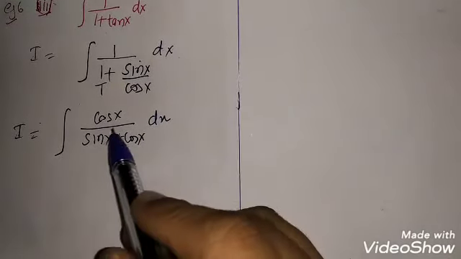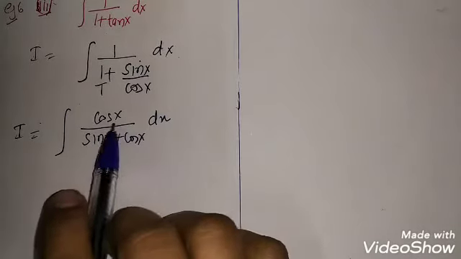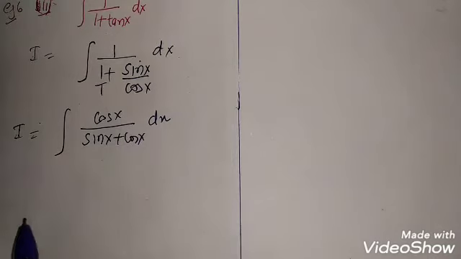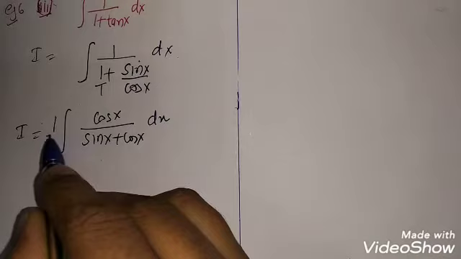I have to make it sin x plus cos x by any method. By hook or crook, I have to make it sin x plus cos x in the numerator as well. So I am multiplying and dividing by 2.